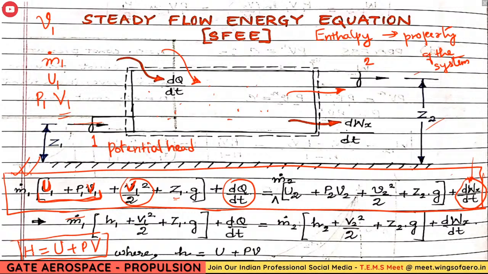Now, what is the difference between capital H and small h? Small h represents specific enthalpy.